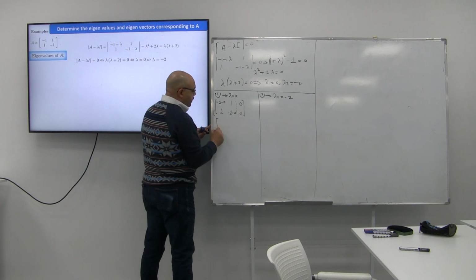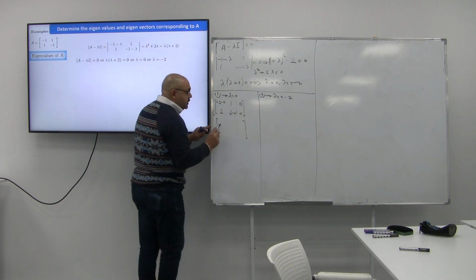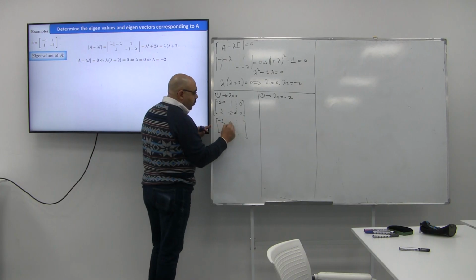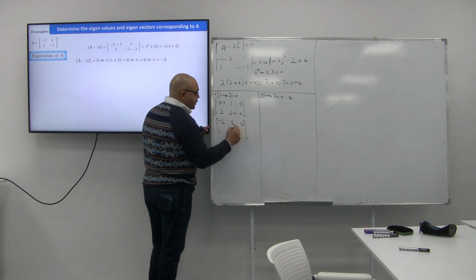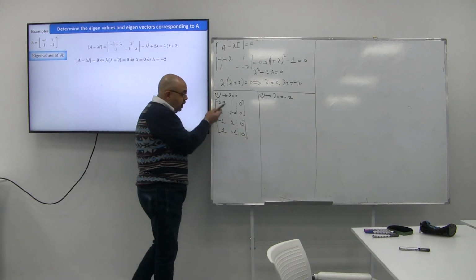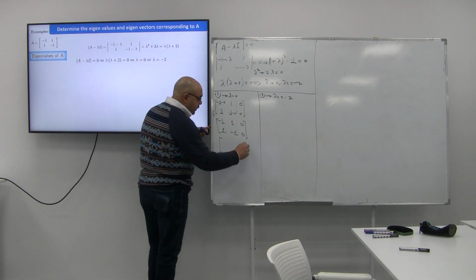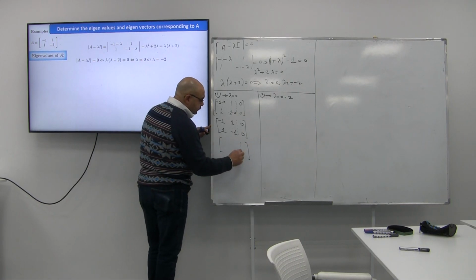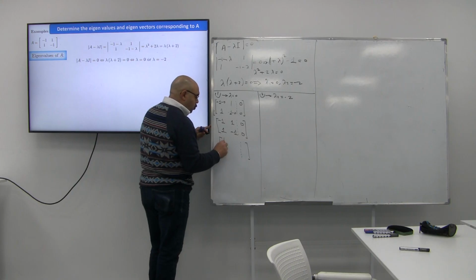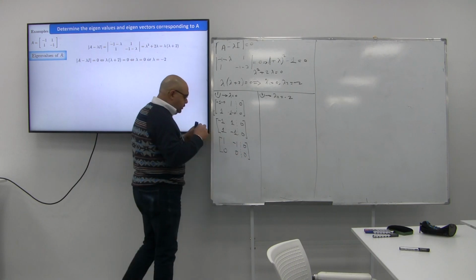The system that I'm trying to solve is a homogeneous system, as you can see: negative 1, positive 1 and 0; 1, negative 1 and 0. There is a relation connecting these two rows. Summing these two rows together, you will have 0, 0 and 0. All of these are zeros.